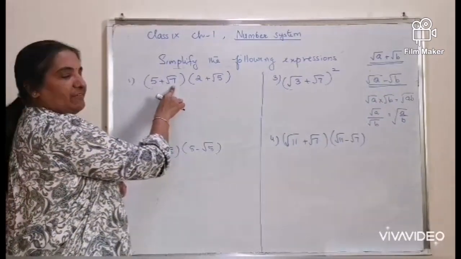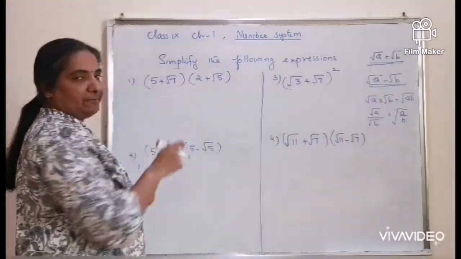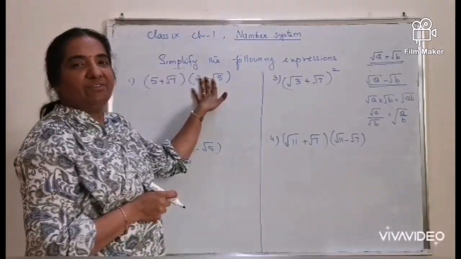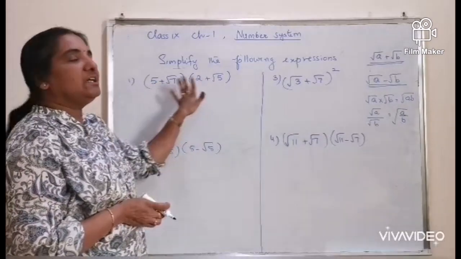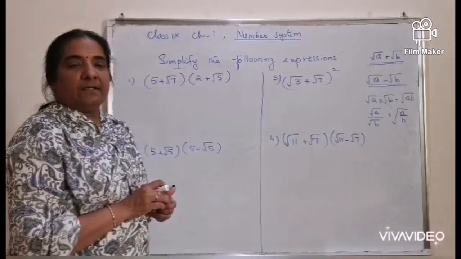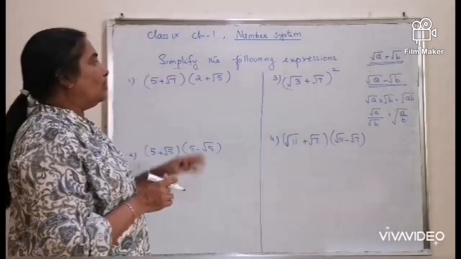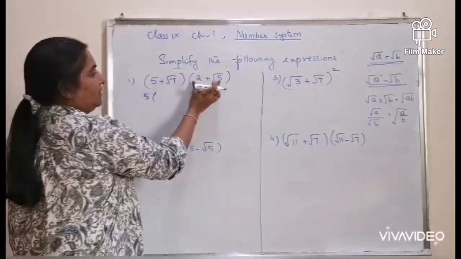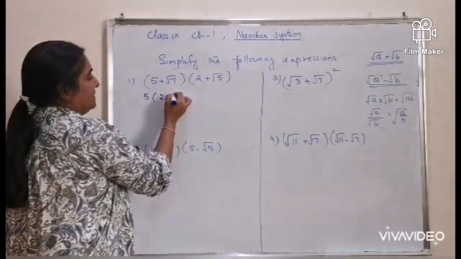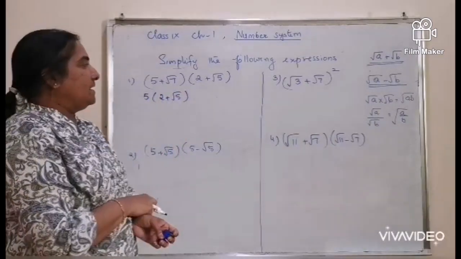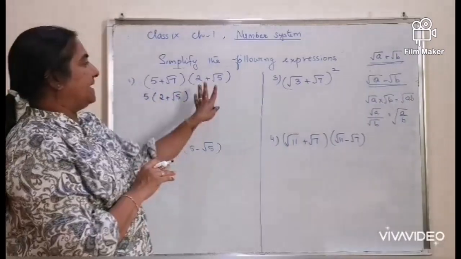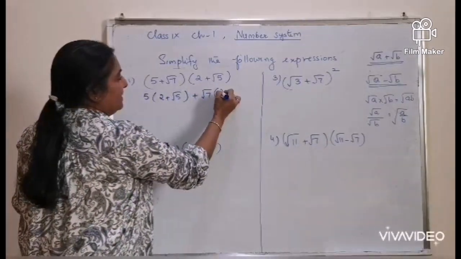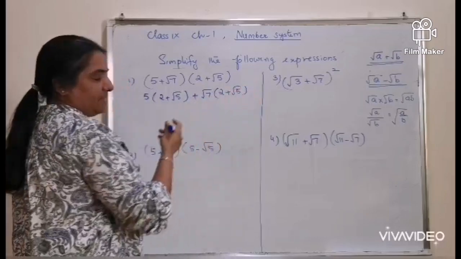5 plus root 7 into 2 plus root 5. The meaning is it's a binomial with a binomial, which shows that there are two terms here, two terms here. Before you go directly, the first number you multiply with the second number, distributing the first number to be multiplied with 2 plus root 5.